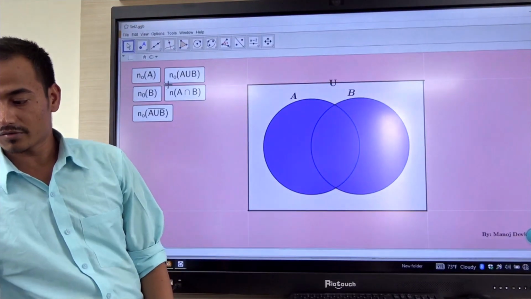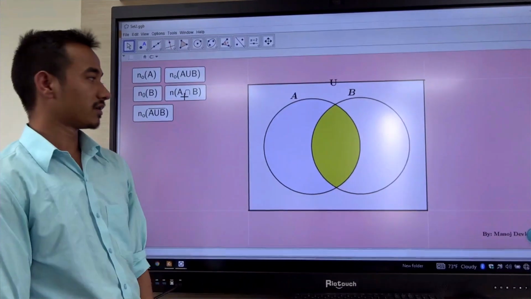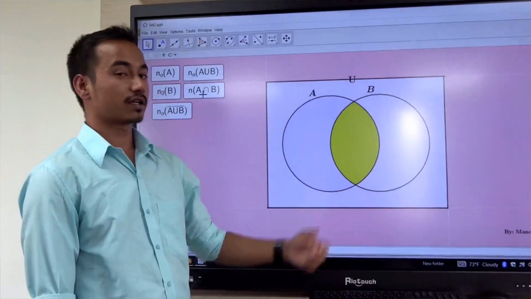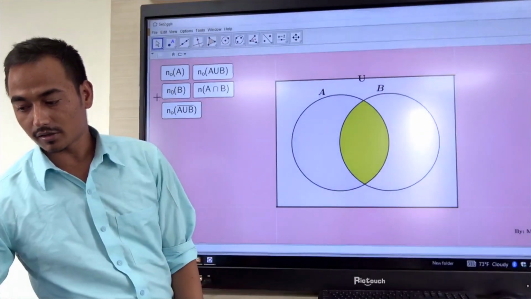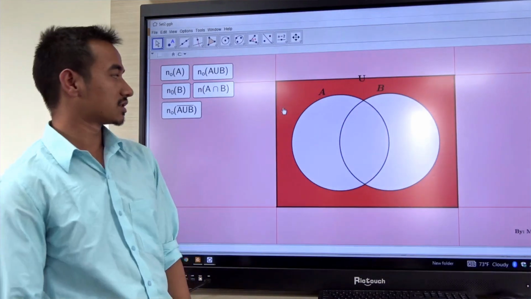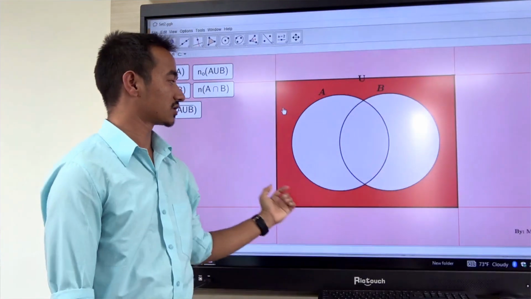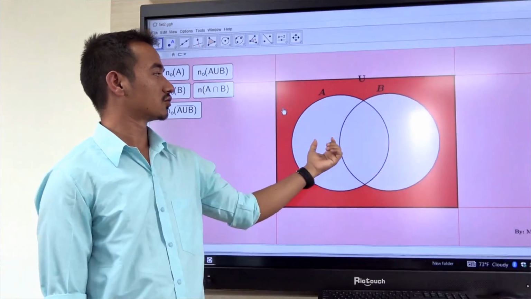If I am interested in the commonality or intersection part, I click this one. Also there is one property, the complement, which belongs to the universal set U. This square shape is the universal set U, and the complement does not belong to the two sets.